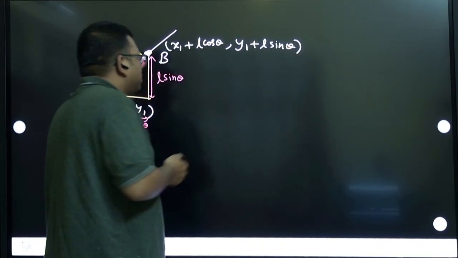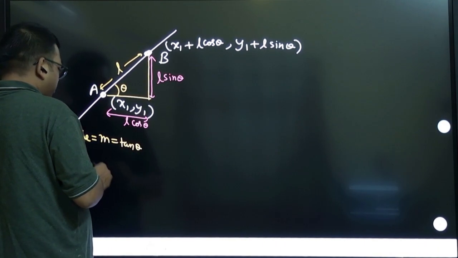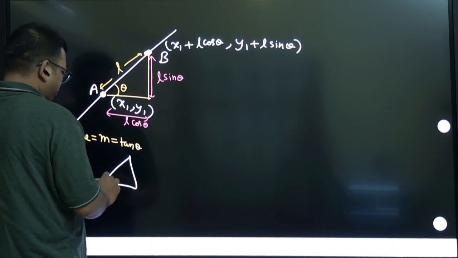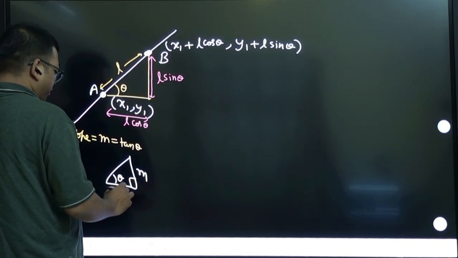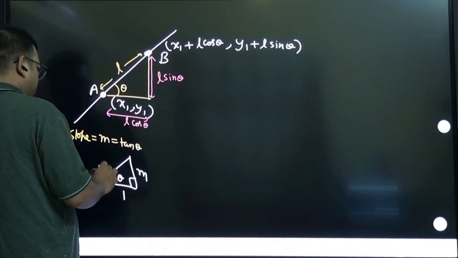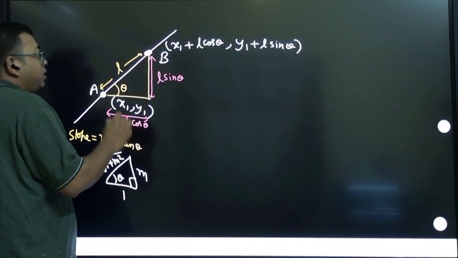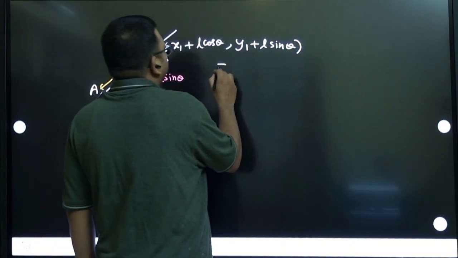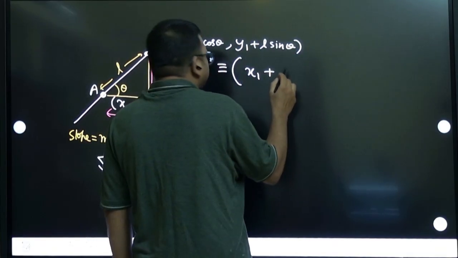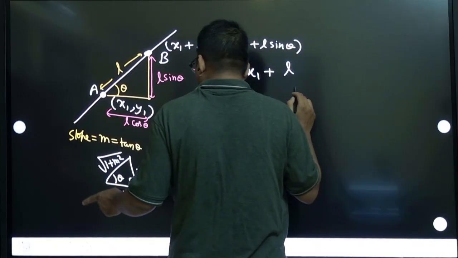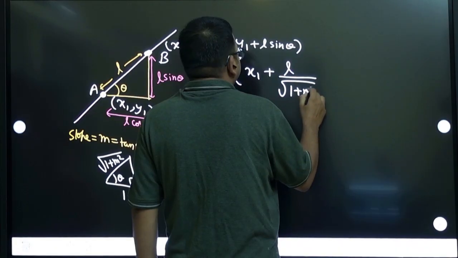But what is L cos theta? If I know tan theta, I can write cos theta, because in a triangle, if tan theta ratio is m by 1, then the hypotenuse becomes root under 1 plus m square. So this point I can write as x1 plus L cos theta. Cos theta is base by hypotenuse, so L by root under 1 plus m square.